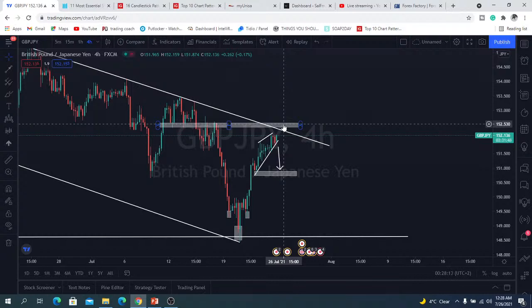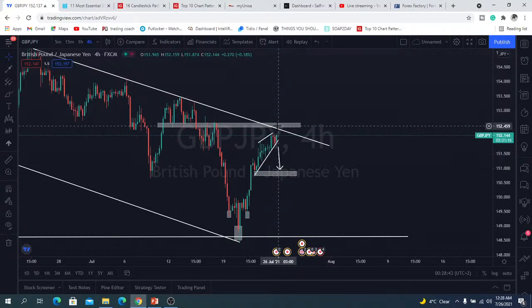Bullish engulfing and bearish engulfing candlesticks are the confirmations that most traders look for. If you don't know about those, go and do your research, and if you need assistance, I'm here. I will assist you.